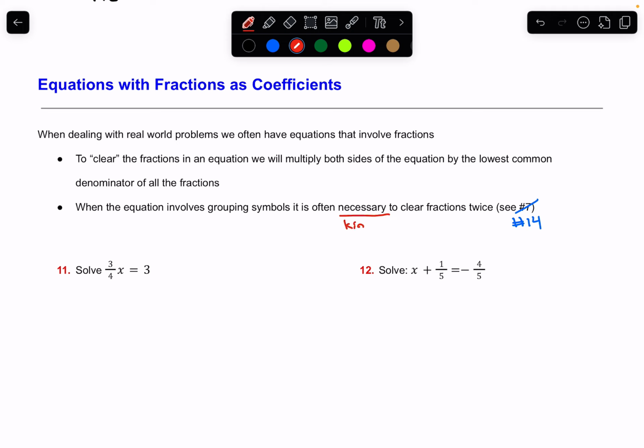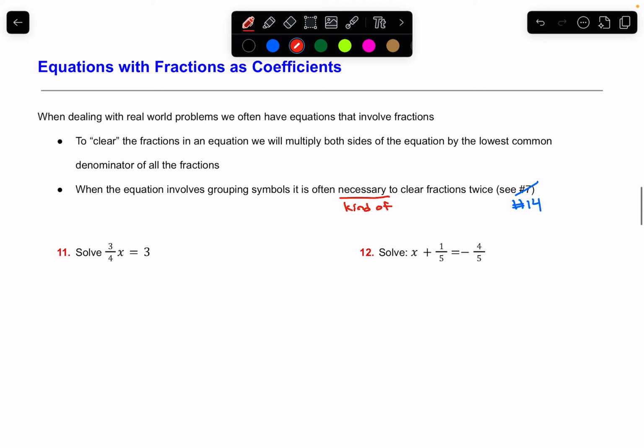You can definitely multiply by something that will get rid of all of the fractions at once, but personally, my own personal preference when I am solving the problems is to just ignore fractions that are inside of parentheses until I've gotten them out of those parentheses. I'm not necessarily saying this is actually easier, but I find it makes more sense when I'm doing the work myself, and so I like to teach you guys how to do it in the same way that I would do it. Okay, but we'll get to that in a second.